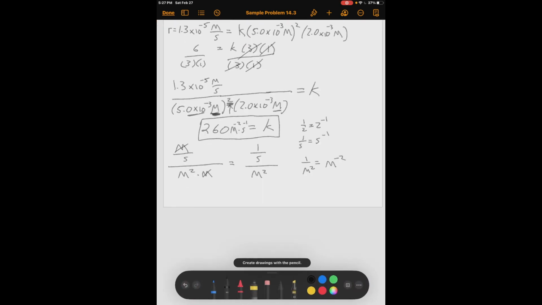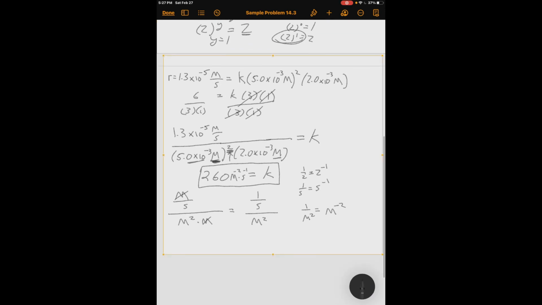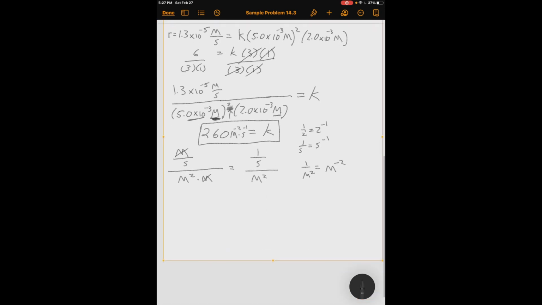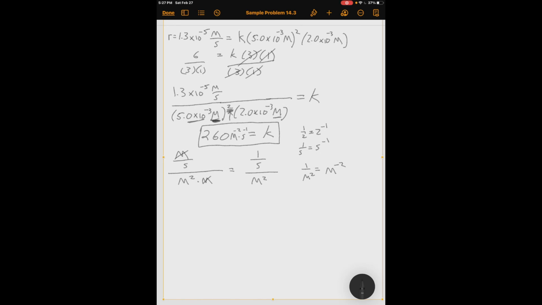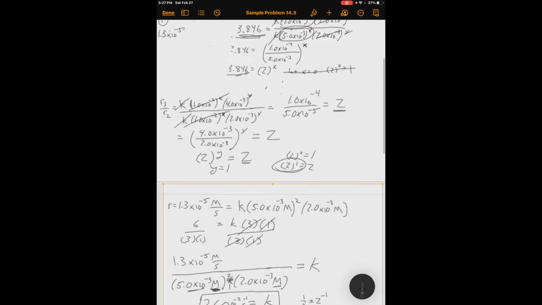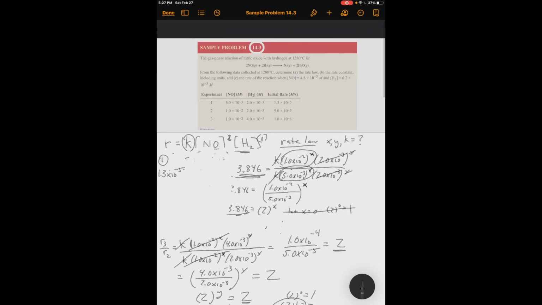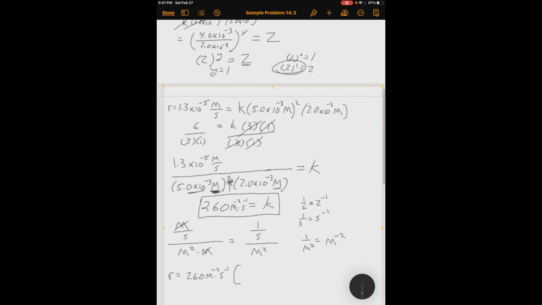Now, we have one more step here. By the way, we would now claim that we have elucidated or determined the rate law. The rate law, we would say, is now 260 molarity minus 2 seconds minus 1 times the concentration of NO to the second power times the concentration of H2 to the first.